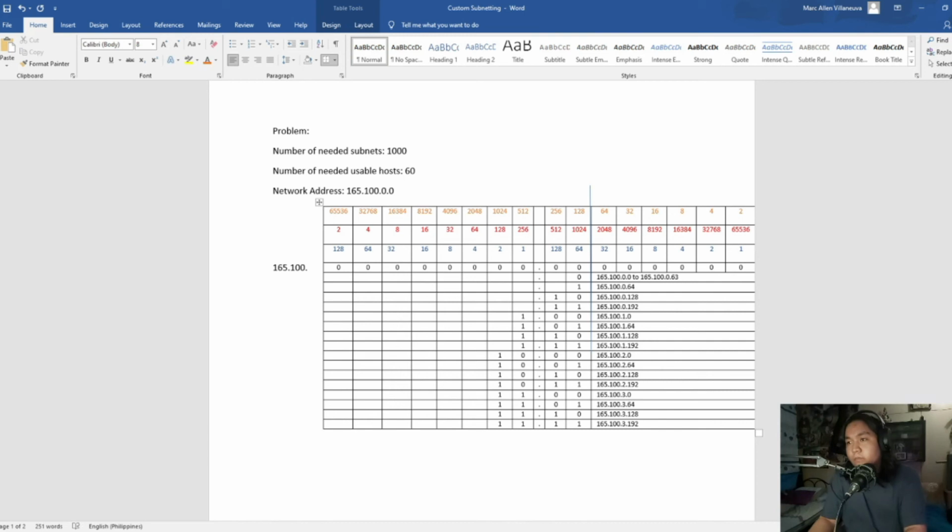We do the same until the end. Since it stopped at 128, we are going to write 165.100.0.127. Do the same process until you reach the end. I'll be right back, guys.